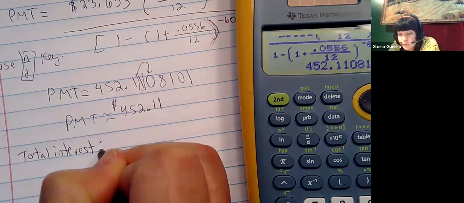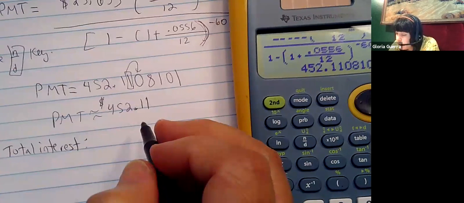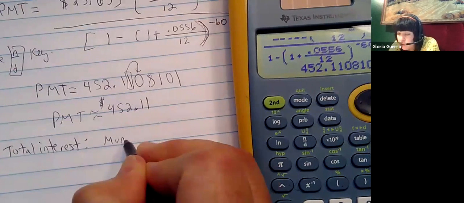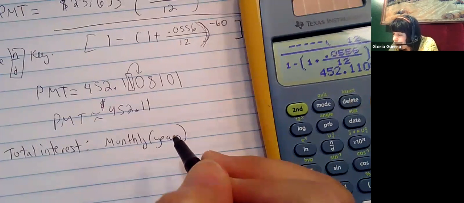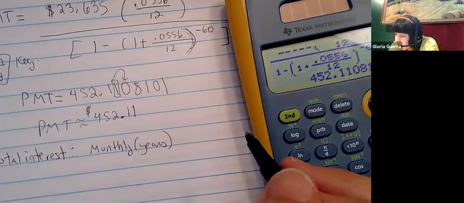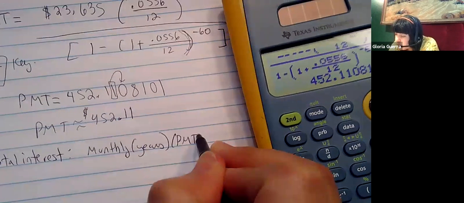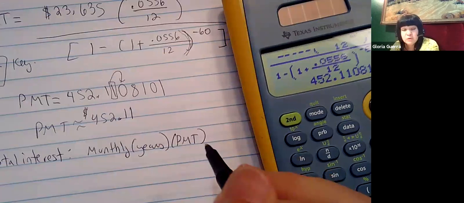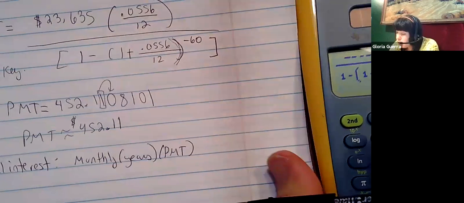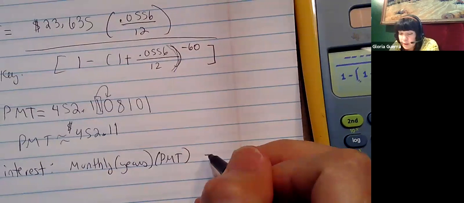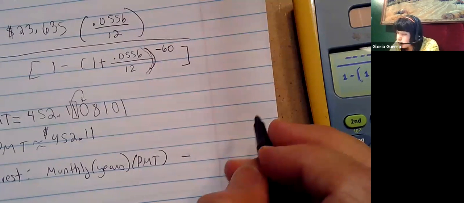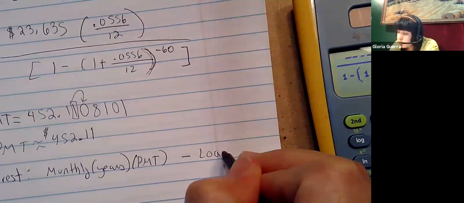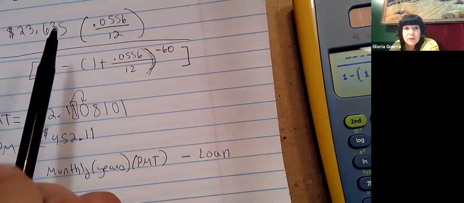All right. Now, for the total interest, they also want the total interest. So for that, you've got to do it like it was monthly. That's 12 times how many years are we doing this for? So this was 5 years, and then times your payment, which is the $452.11. And then you're going to subtract your loan value, which was the $23,635.